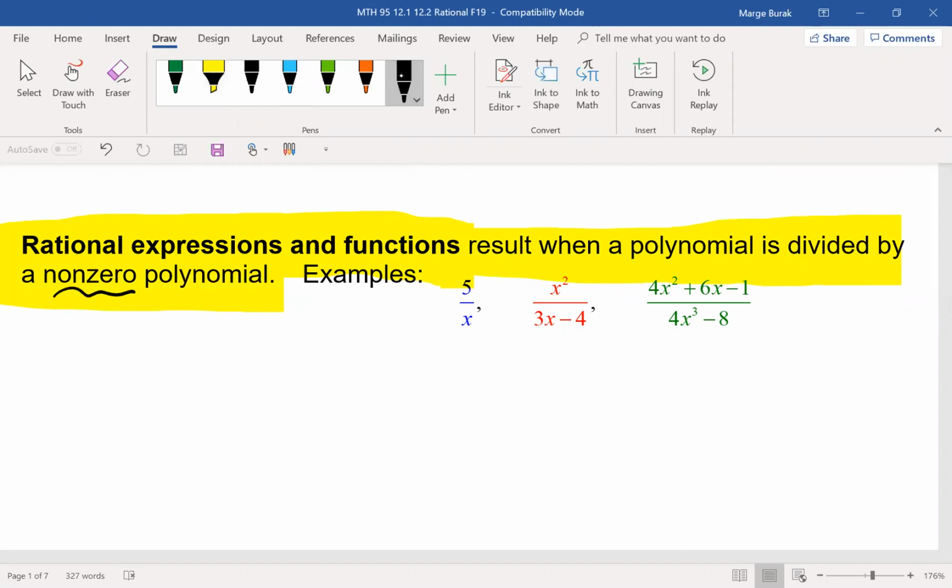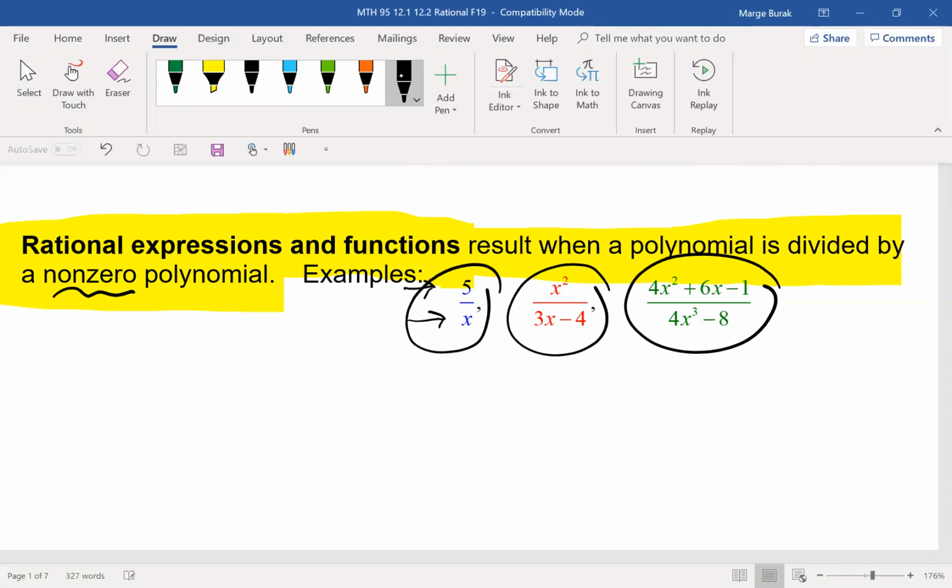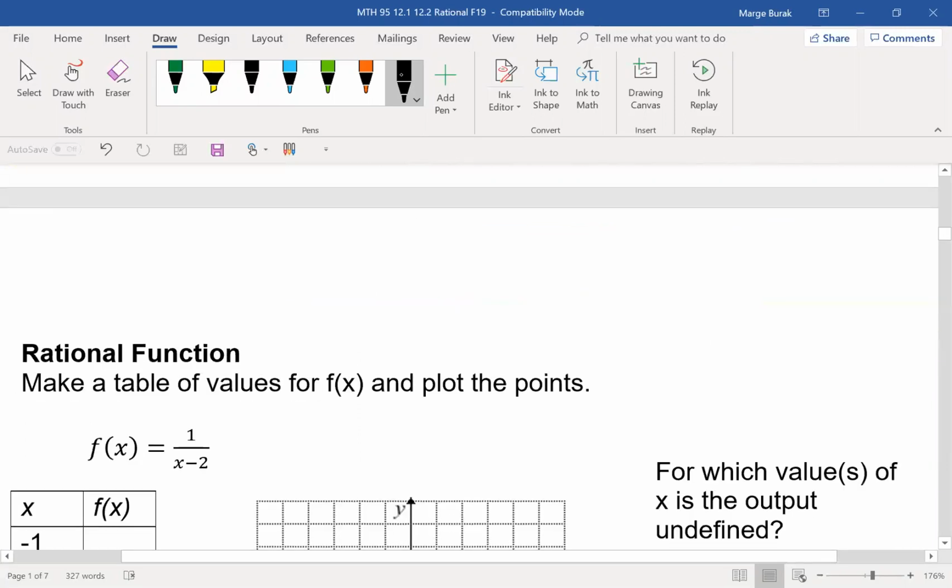An example would be right here, 5 over x. That's technically a rational expression because we have a polynomial over a polynomial. Those are little polynomials, but they're true. Basically it's a fraction with expressions in both the numerator and the denominator. So we're going to be working with these.